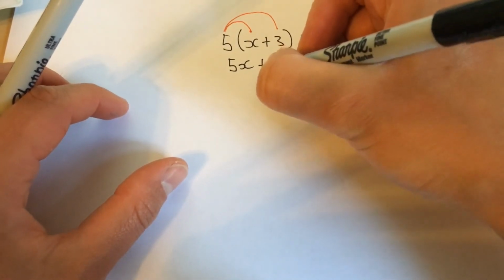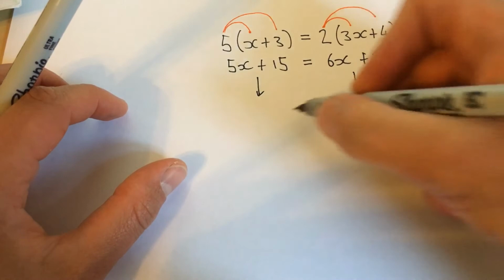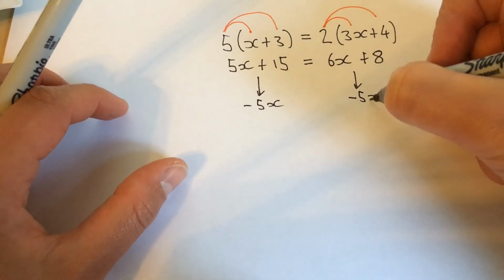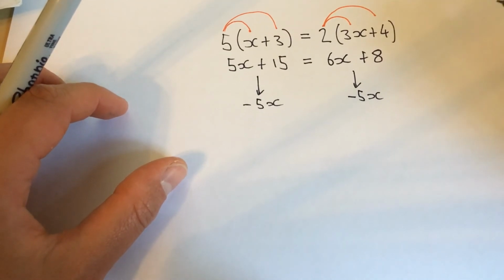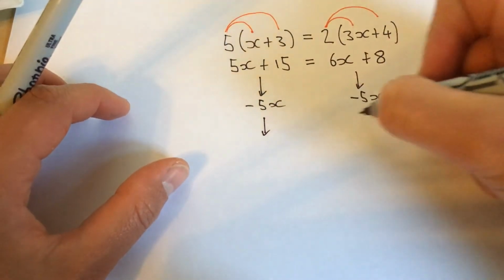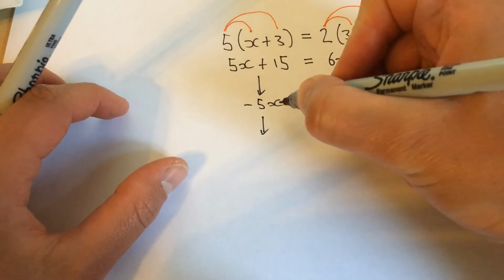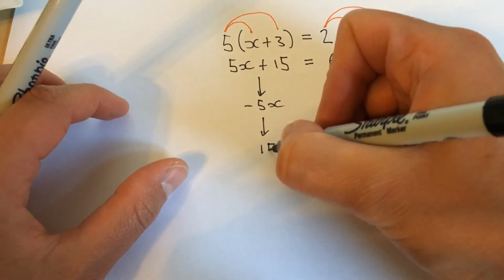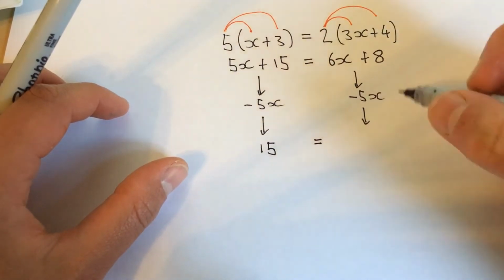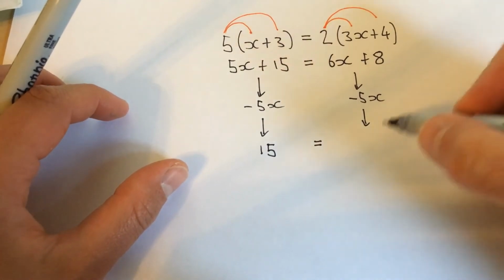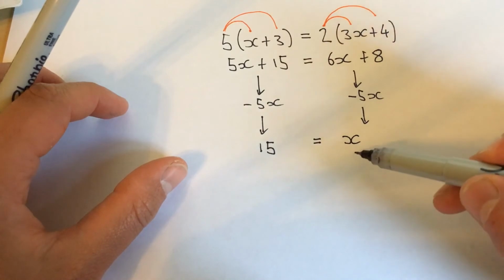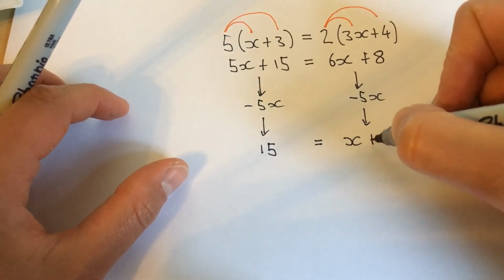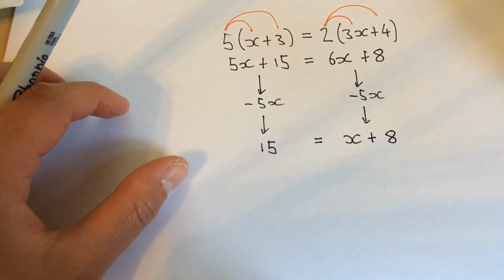So I think the first thing I'm going to do here is take away 5x from this side and take away 5x from this side, because I'm trying to find the value of 1x. 5x minus 5x is 0, so all I'm left with on the left hand side is positive 15. 6x minus 5x is 1x, which I write like this, and 8 stays the same as plus 8.